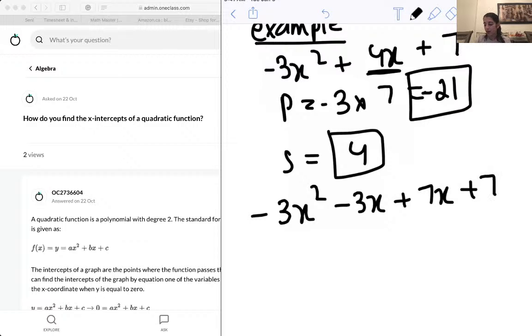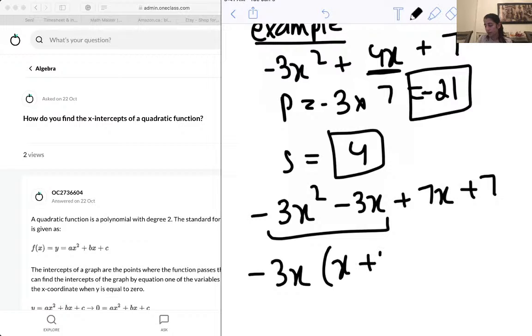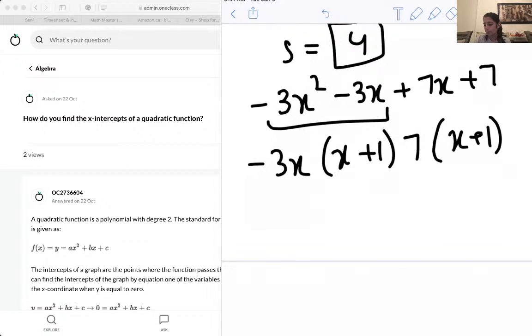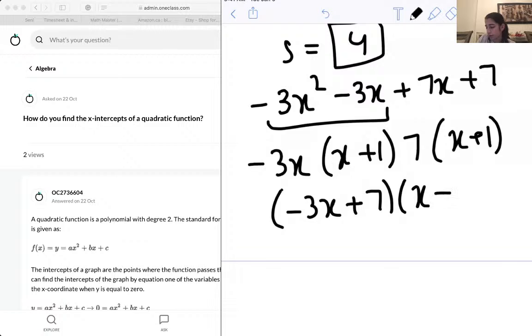Then it's easier to factor out the common terms. Negative 3x is common, and you can factor that out, and you're left with x plus 1. Over here, 7 is common, so you take that out and you're left with x plus 1. Group the like terms together, and you're left with negative 3x plus 7 and x plus 1.